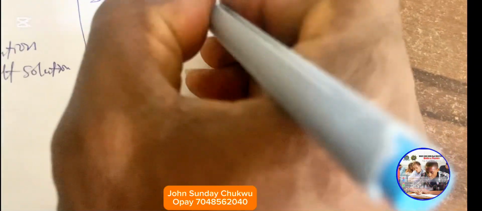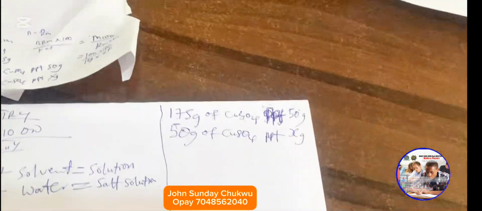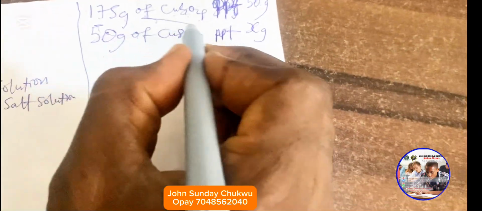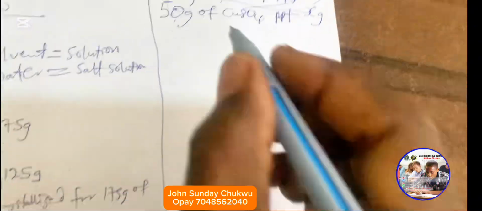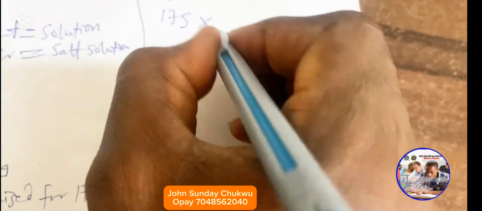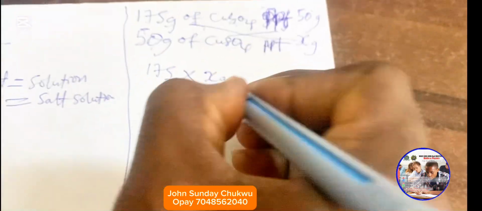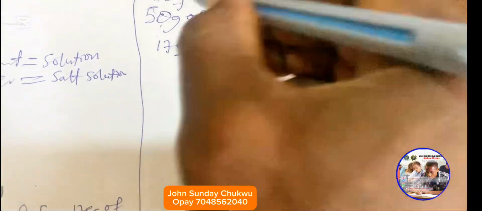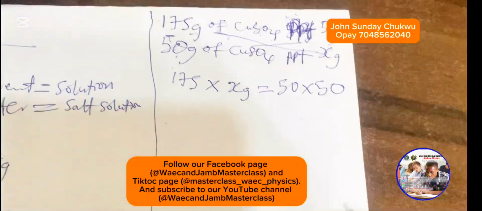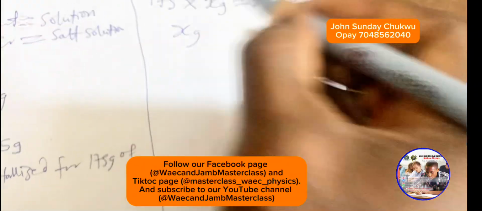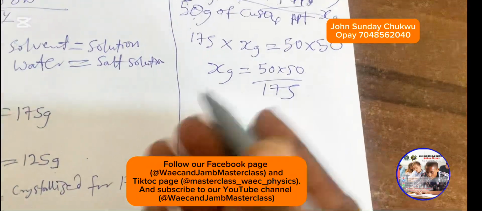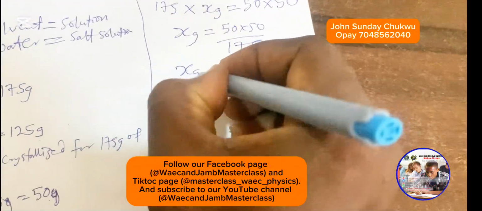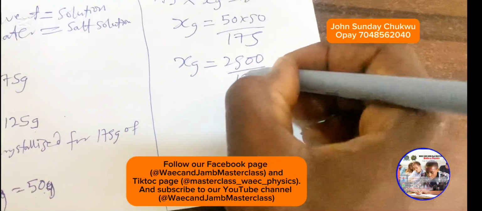So we now say of copper sulfate we precipitate X, we don't know, that's why we are looking for it, right? So let's cross multiply, use this to multiply this, and this to multiply this. That's cross multiplication. So we say 175 times X equals 50 times 50. So we make X the subject of the formula. X is equal to 50 times 50 divided by 175. When we multiply 50 times 50, you are going to have 2,500 divided by 175.